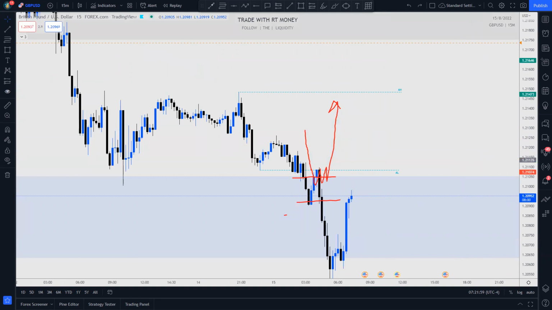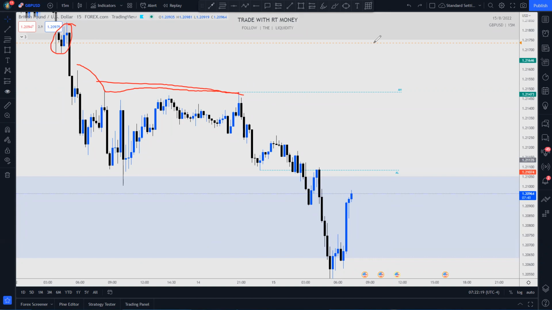Now, let me see something here. I want to remark, there's a lot of liquidity up here. There was a sweep, right? But it didn't take out all of these liquidity points. So this is going to make decent inducement when we come up here, and we can take a nice sell setup like this.